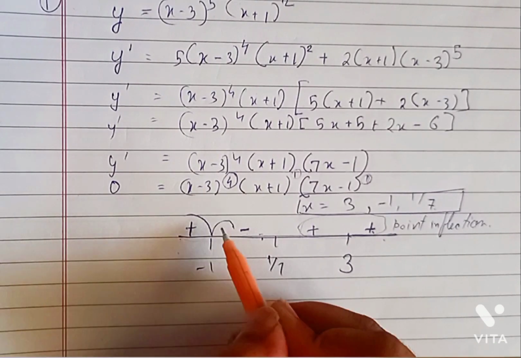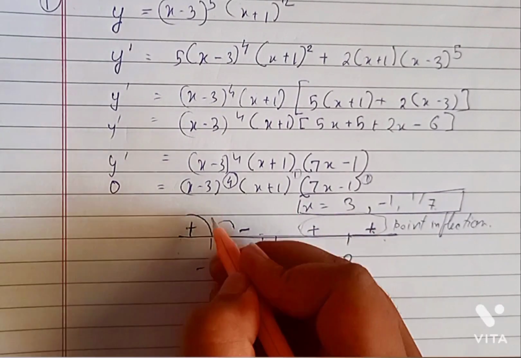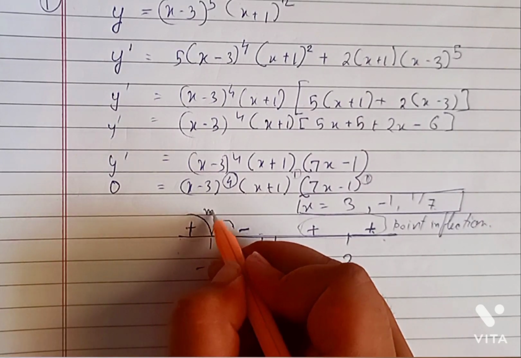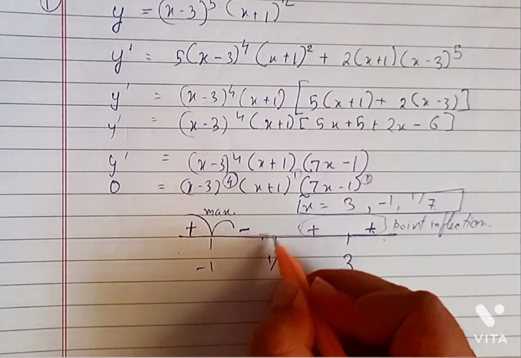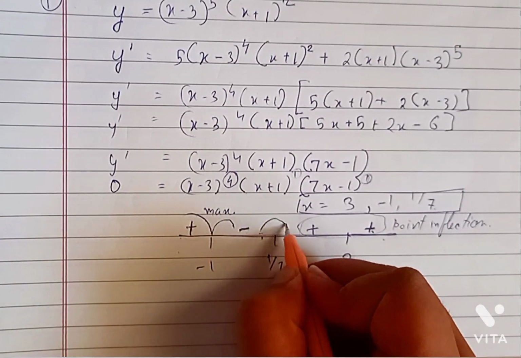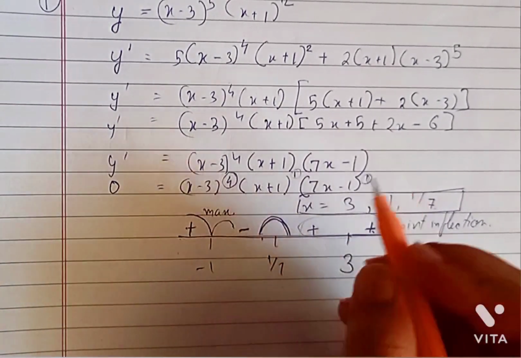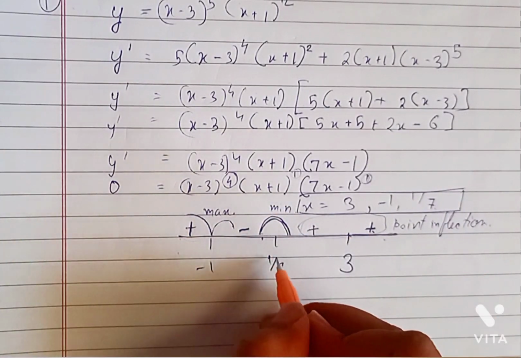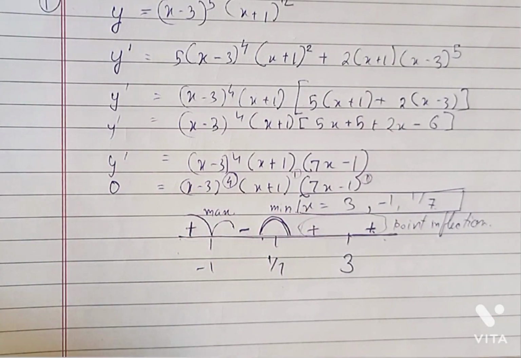So it changed from positive to negative, and positive to negative means it's maxima. And for 1 by 7, it changed from negative to positive, which means it's minima. So 1 by 7 is a point of minimum, minus 1 is a point of maxima, and 3 is a point of inflection.